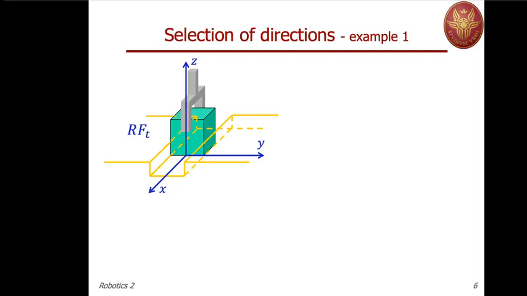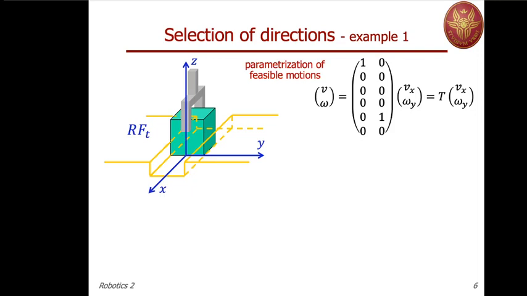So first of all, feasible motion. We consider the 6-dimensional vector, in fact a twist, stacking the 3-dimensional linear velocity with the 3-dimensional angular velocity. And we say that all feasible motions, so those that comply with the geometry, with the natural constraint of the environment, are those along the linear x and angular y directions.